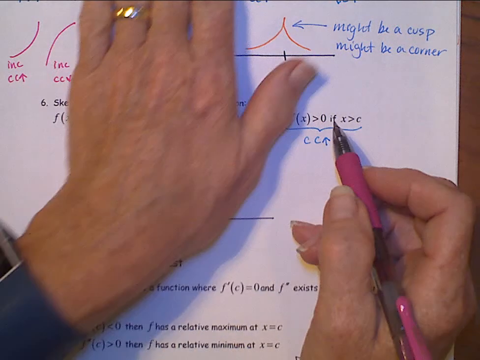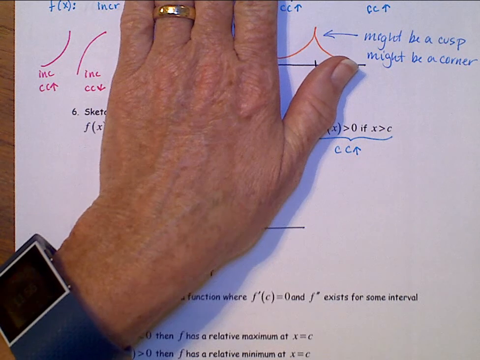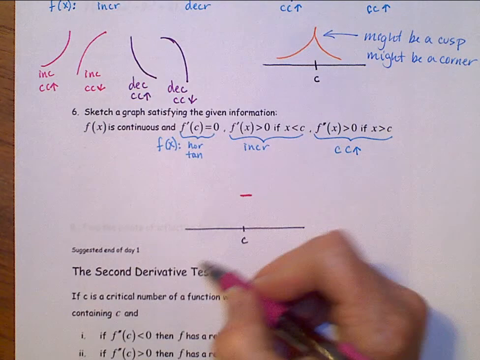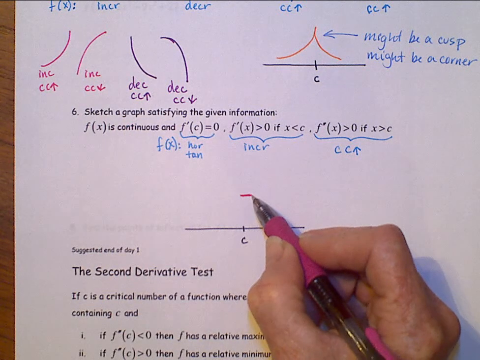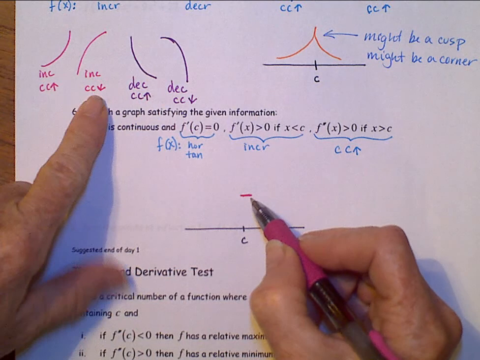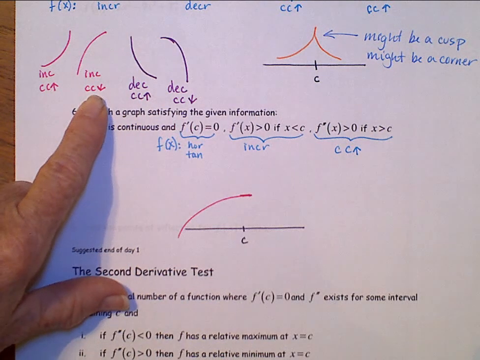There are two choices for increasing up here: increasing this way or increasing this way. Which one of those is going to lead into this nice horizontal tangent? That would have to be the increasing concave down. So we're going to have to see something like that.